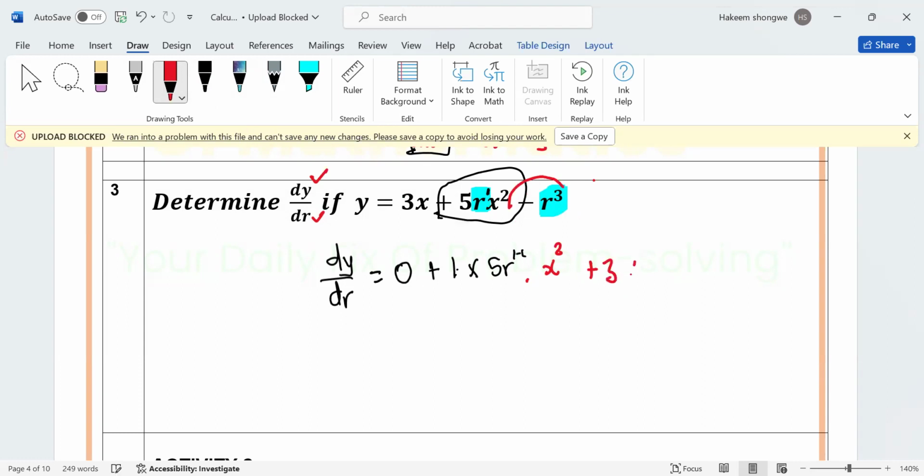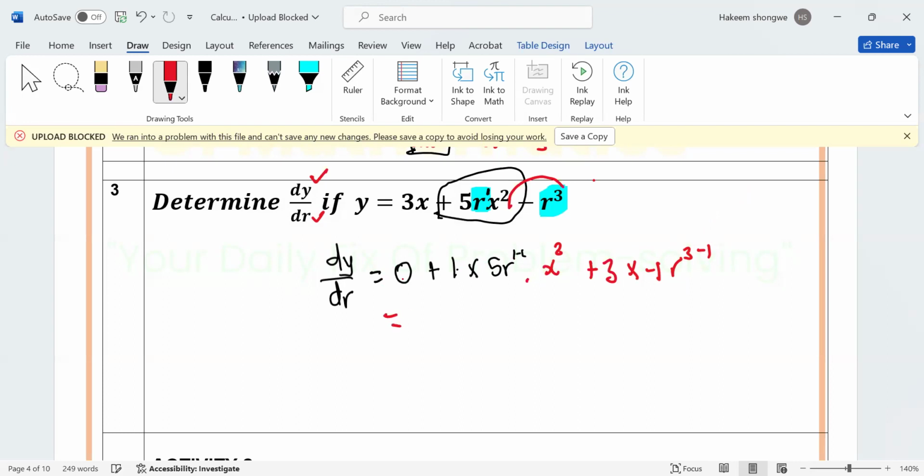Then we're going to have 3 multiplied by minus 1, r cubed minus 1. So now we add and then we multiply that thing with its sign. Mara, if it's complicated for you, you can put the minus, it's fine. I prefer to say let's add first, and then we multiply.